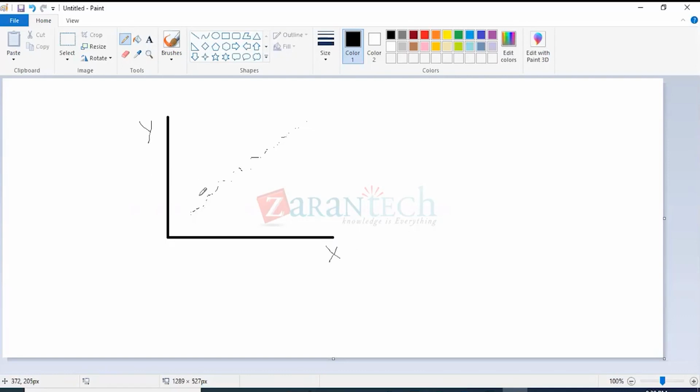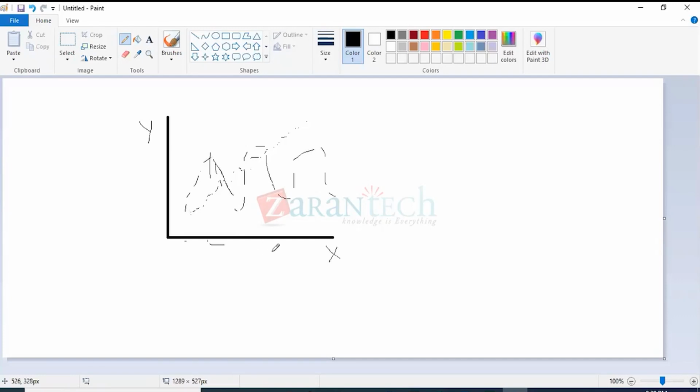The data should not look something like this, because if you see, when I go from here to here, as my x increases, y is also increasing. But after I pass this point, as my x is increasing, my y is actually decreasing.